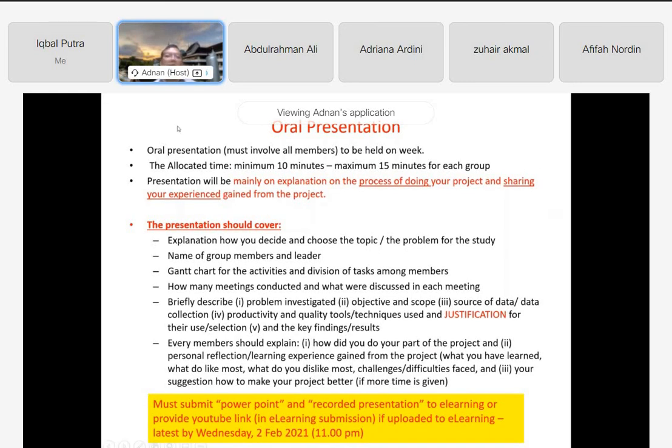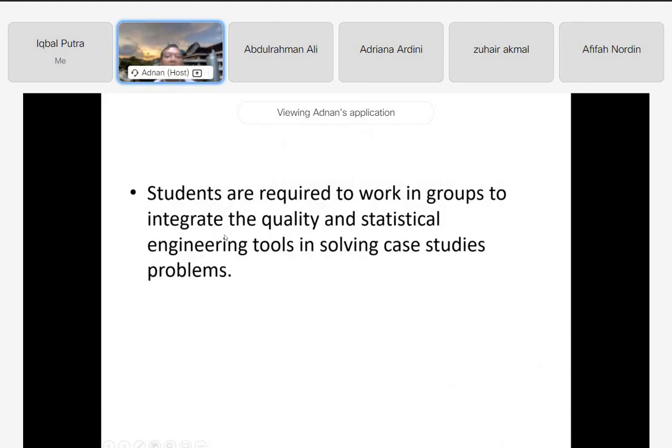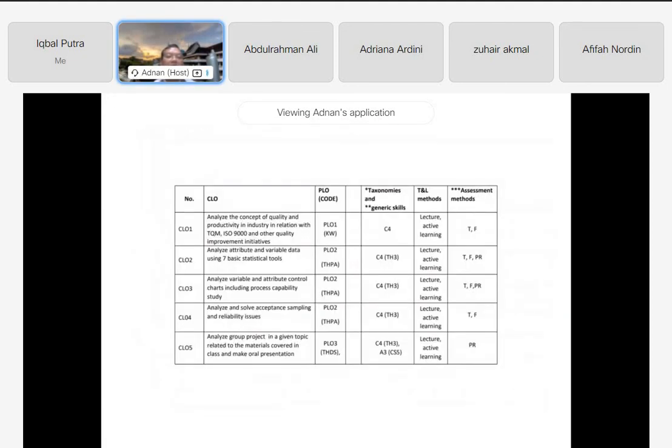Let me see, I have to satisfy this requirement. CLO5 says to analyze a group project on a given topic related to material covered in class and make an oral presentation. It doesn't say anything about a report.